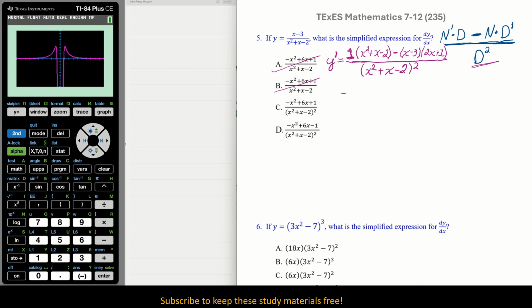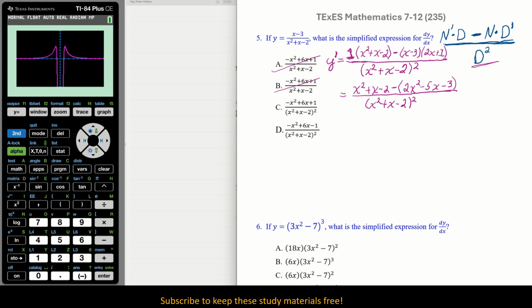Now we need to clean that up. Let's rewrite that. It equals x squared plus x minus 2, squared, in the denominator. Then we have x squared plus x minus 2 as is. Now we need to subtract all this, so we need to have minus 2x squared minus 5x minus 3.